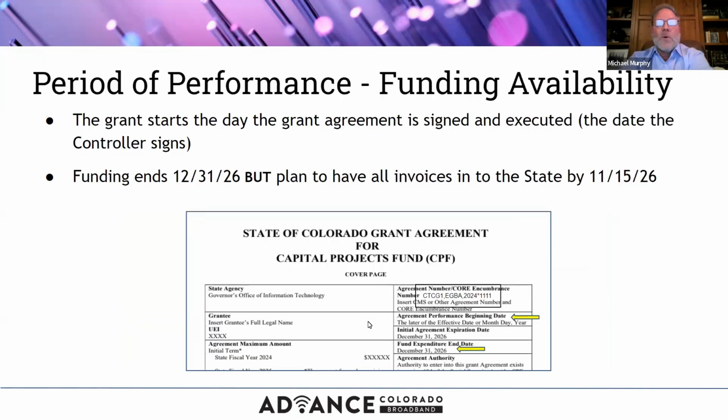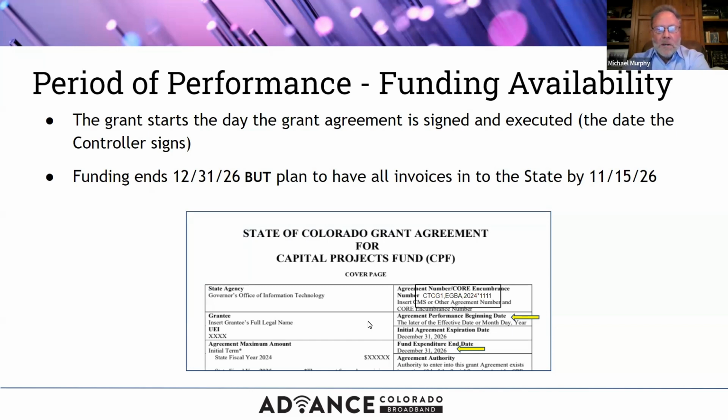For the period of performance, when the funding is available: once your grant is signed by all parties, and once the controller of the state has signed the grant agreement, that is your effective grant execution date. It will be noted in the grant agreement when you receive a copy.